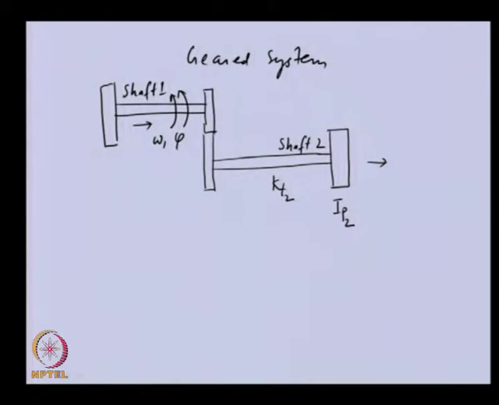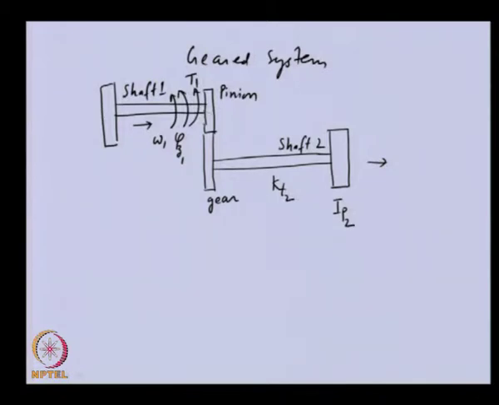Let us say that is phi z 1, and because it is transmitting power, it has torque T1. These are just before this particular gear, and basically this we will call the pinion, and this is the gear.